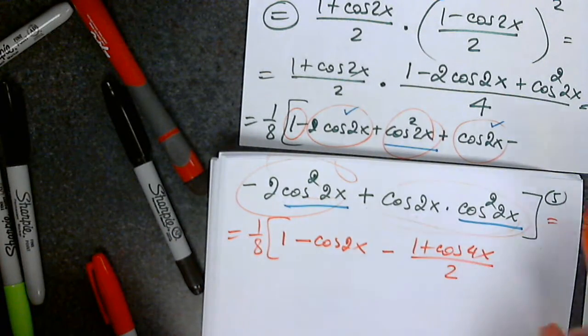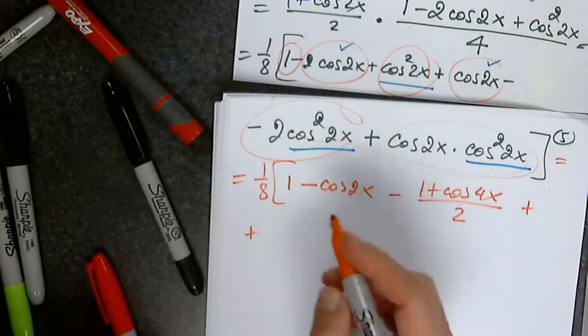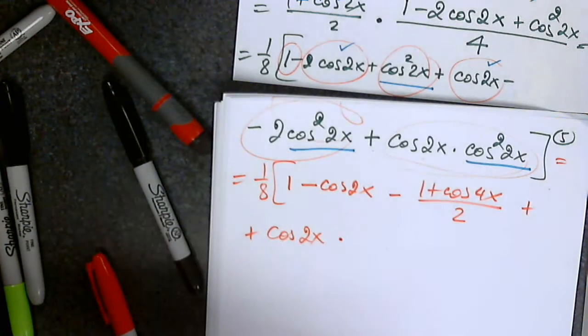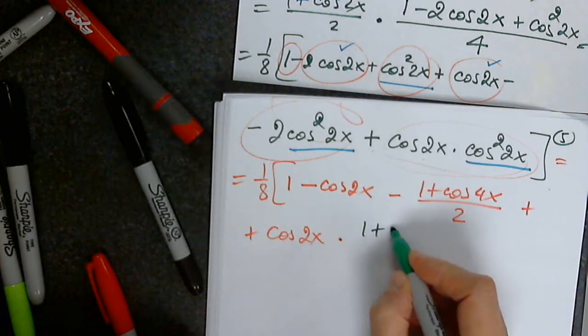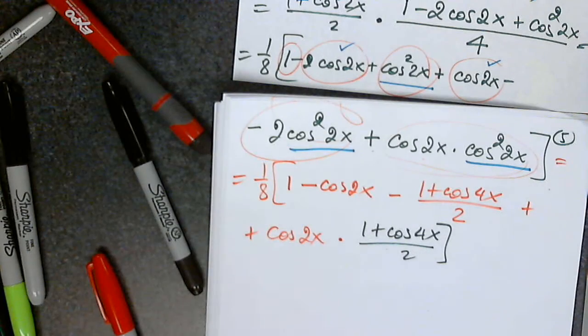This is the last term. So plus cosine twice x is okay. It has power 1. I don't care about the argument. But multiplied by, what do I change cosine squared twice x by? What do I replace it by? Exactly. I replace it by 1 plus cosine 4x divided by 2. And I will be done after I simplify this. There are no more other powers for any cosine but 1.